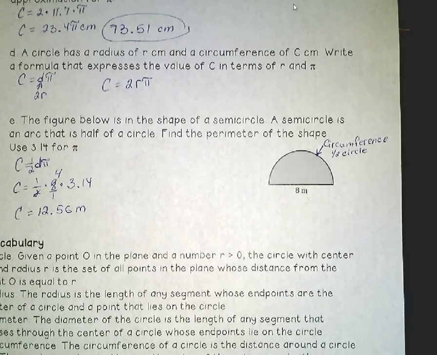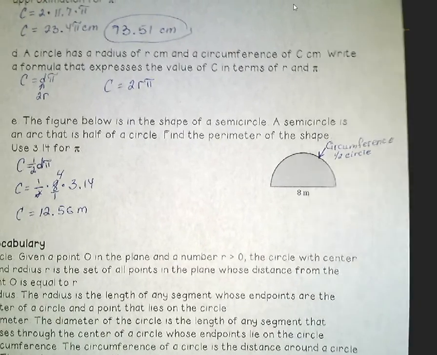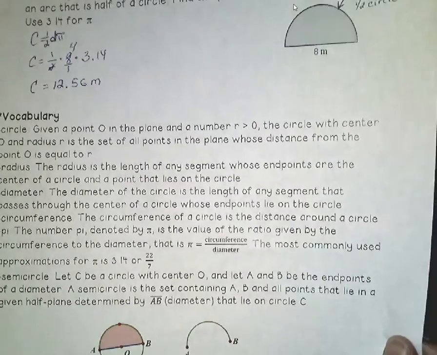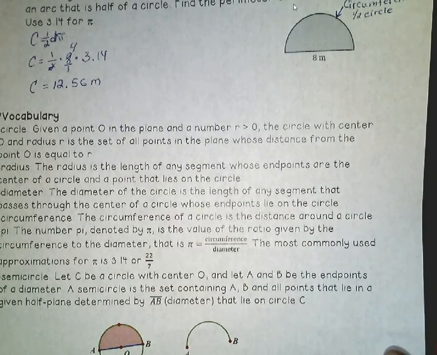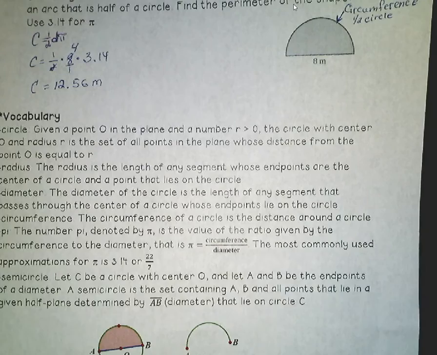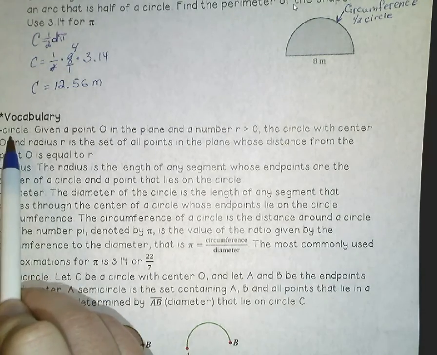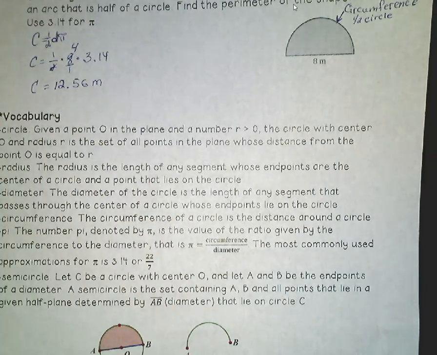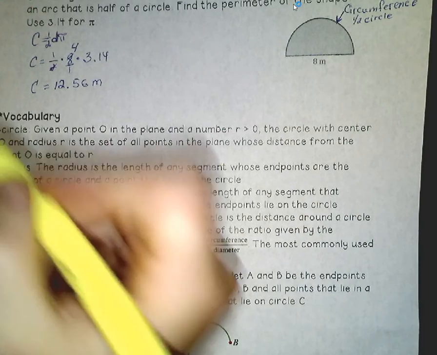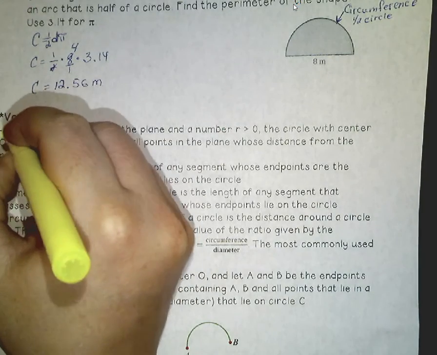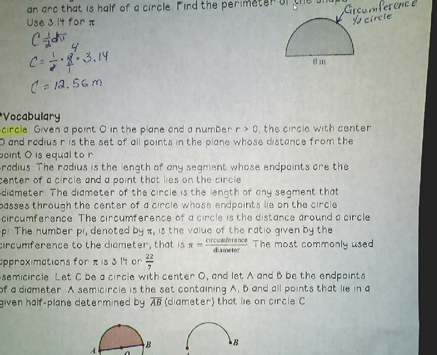That is the end of our lesson 16. You want to know this important vocabulary because we are going to use it all the time. So circle, and I'm going to highlight that for you. A circle is defined by a given point O on the plane and a number R greater than 0.